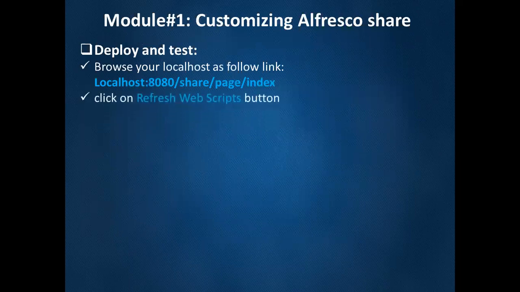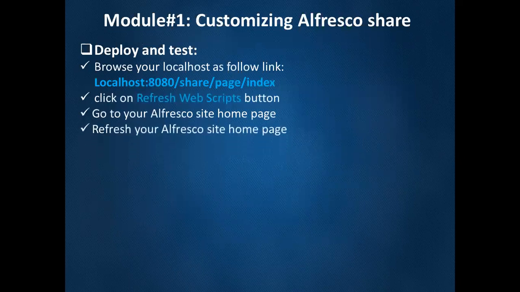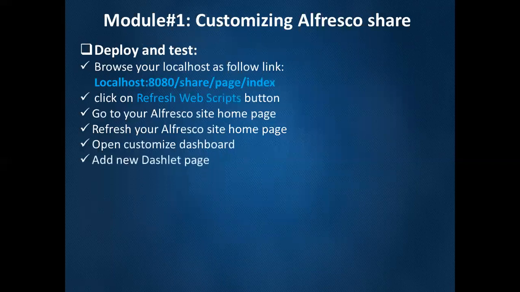After that, click on the refresh web scripts button below the page, and then go to your Alfresco site homepage and refresh it. Open Customize Dashboard and add a new Dashlet page.